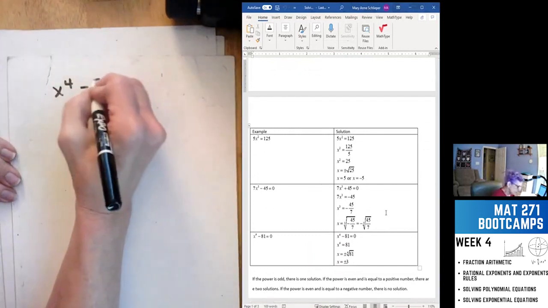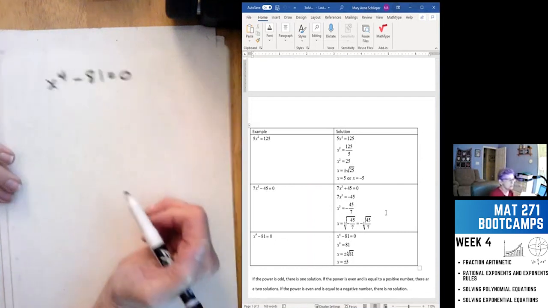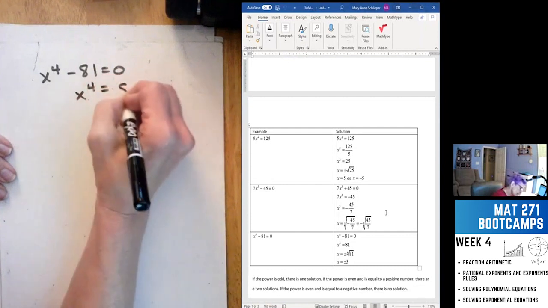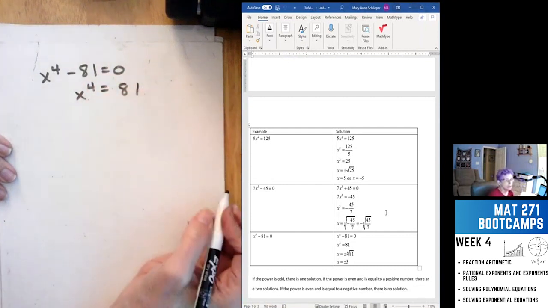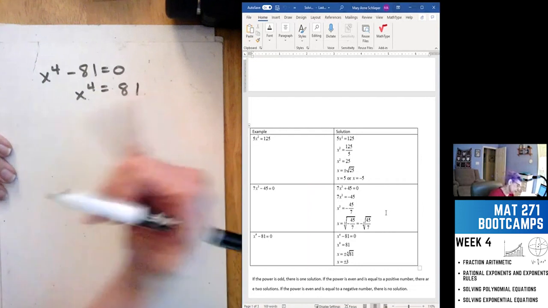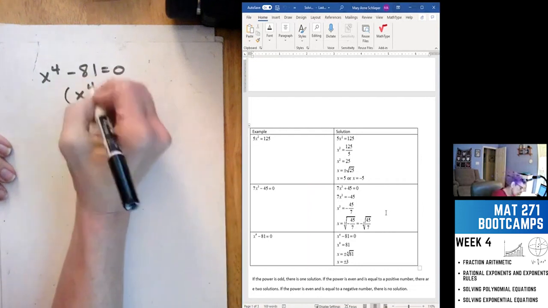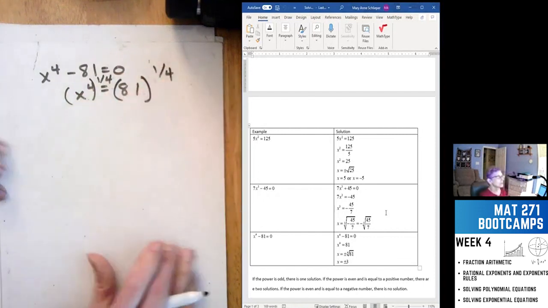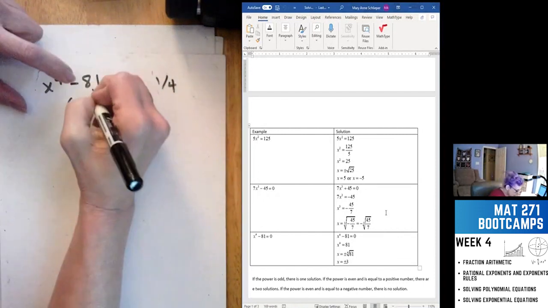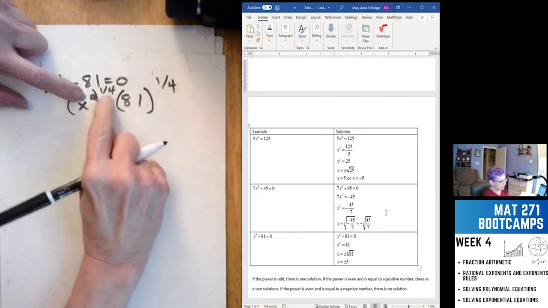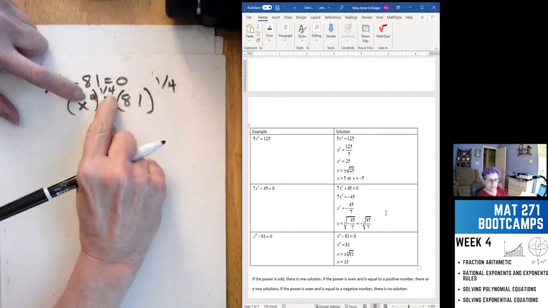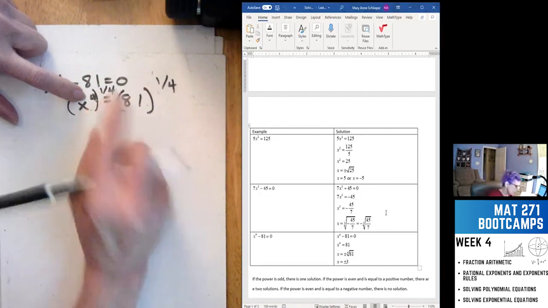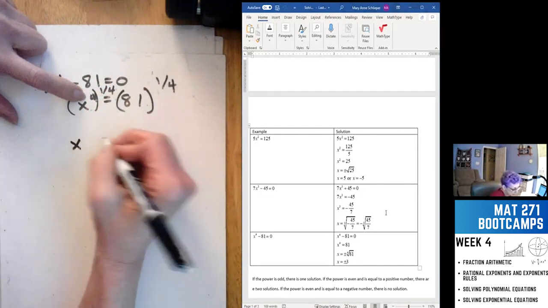x to the fourth minus 81 is equal to 0. I'll add 81 to each side, and then I take the fourth root of each side. Or you can think of raising it to the 1/4 power, because remember, a power to a power means that we multiply, and 4 times 1/4 leaves me with just x to the first power.